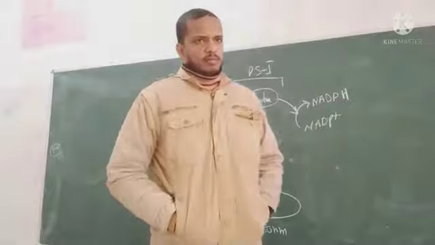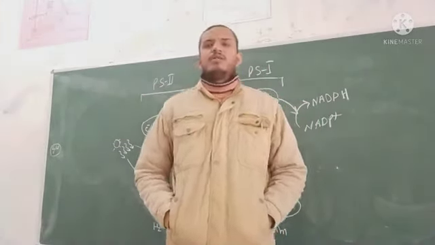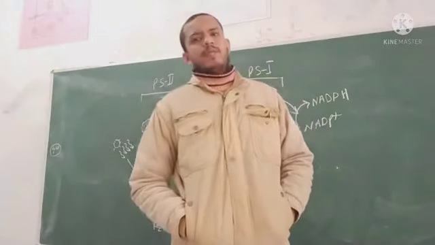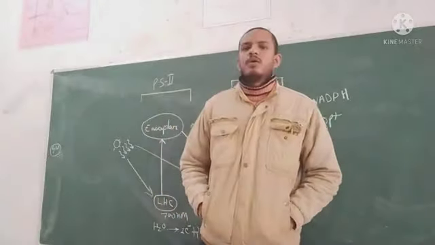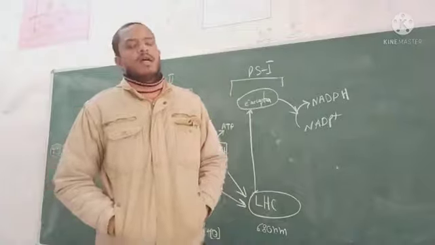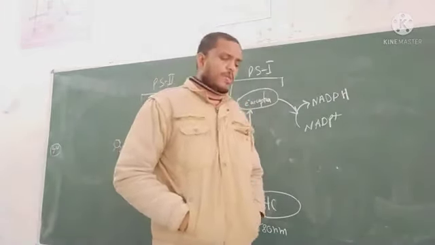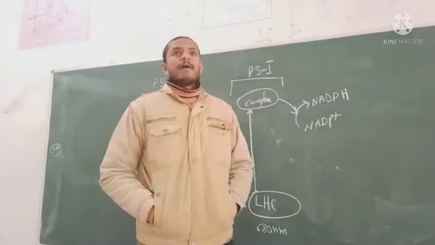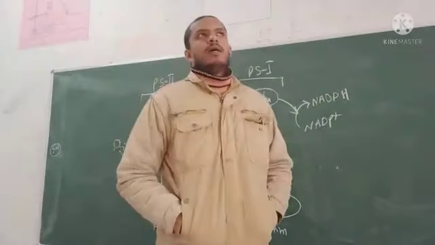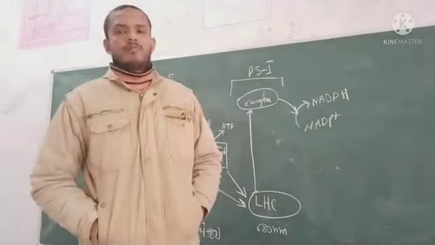And we discussed already that all other pigments, like chlorophyll B, xanthophylls, carotenoids, also play a role in photosynthesis, but they are considered accessory pigments. These accessory pigments protect chlorophyll A from photo-oxidation.